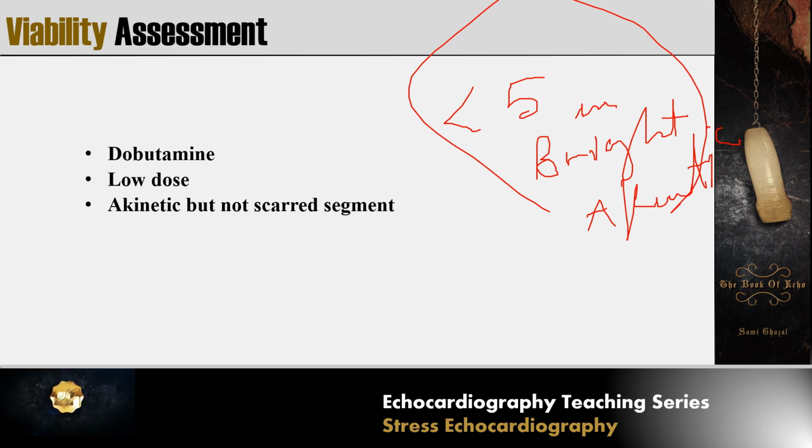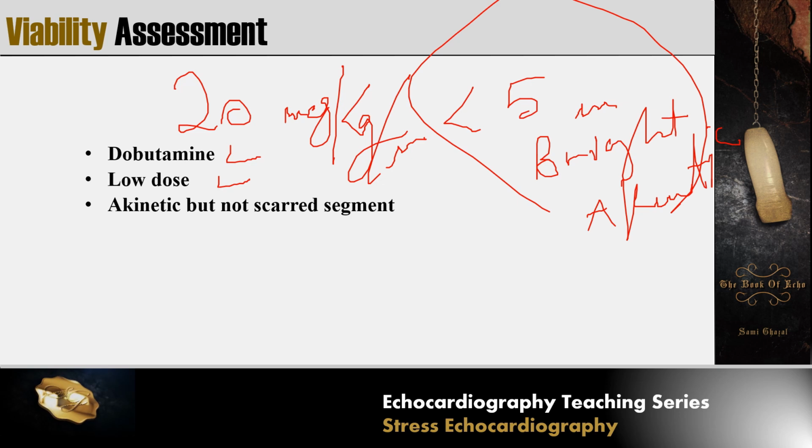Now, the main echocardiographic stress protocol for viability is dobutamine. Usually we use dobutamine, and low dose is sufficient, up to 20 mcg per kg per minute. Other stressors have been applied, including exercise.